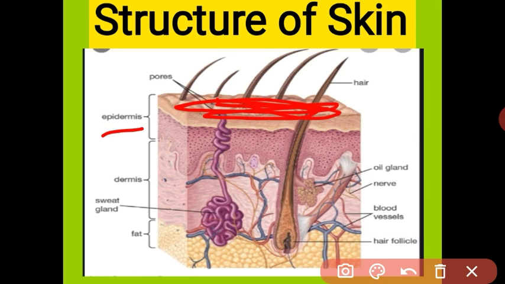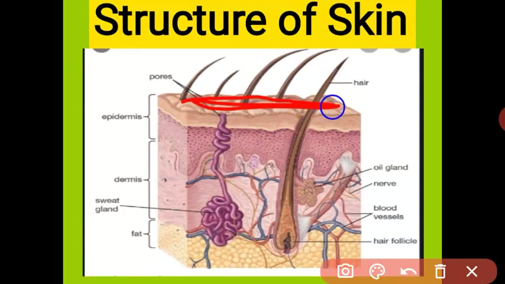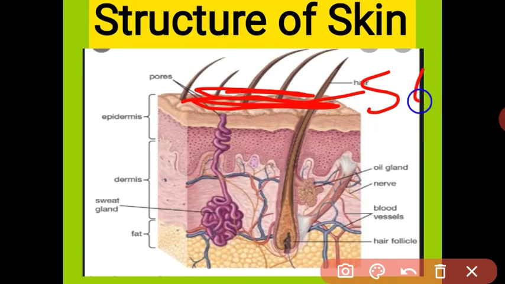In some places it is thin and in some thick as per the function of our body, like our palm, sole, and heels, where the epidermis is a thick and hard layer. The epidermis also has three regions. The outermost region is called the cornified layer, also called the stratum corneum.